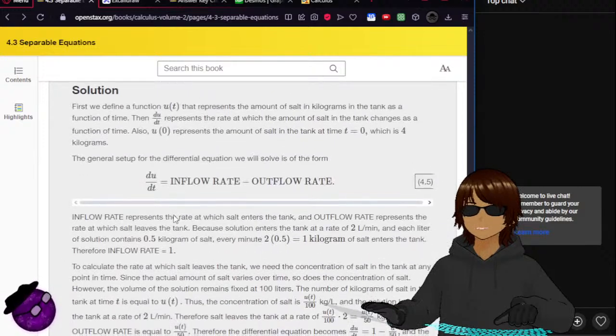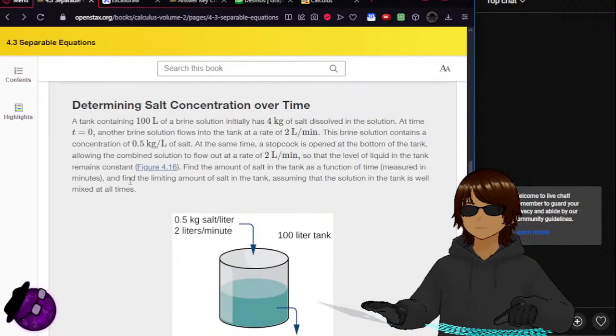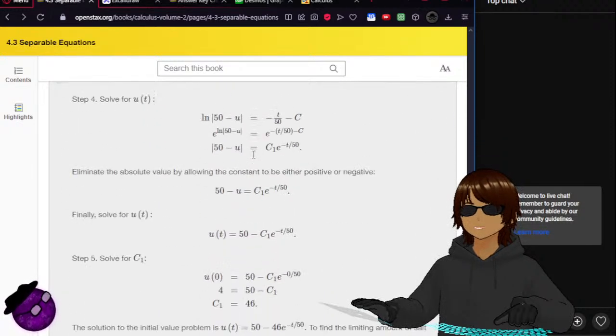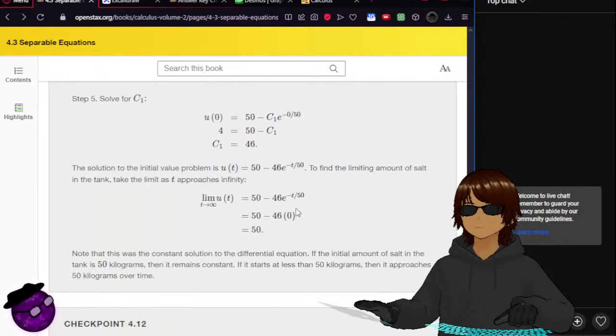And the next one they're asking, find the limiting amount of salt in the tank, assuming that the solution in the tank is well mixed at all times. This is when t is infinity, and then it will be equal to 50.